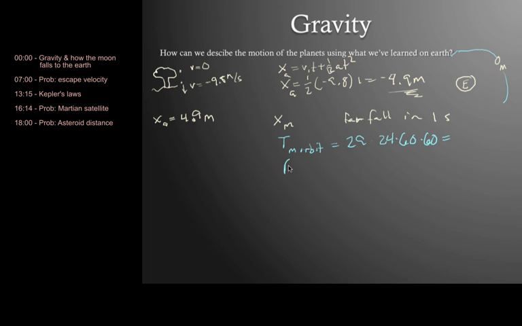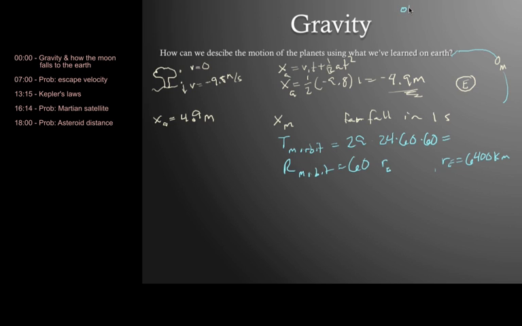And we know the radius of the moon's orbit, and this is about 60 Earth radii. And we know the radius of the Earth is about 6,400 kilometers. So from this, you can figure out how far the moon falls in 1 second.